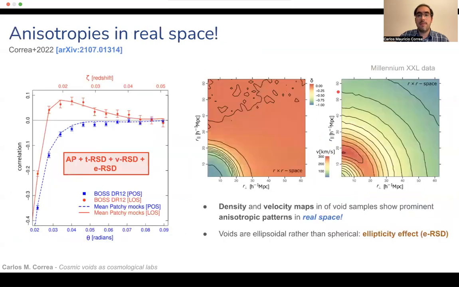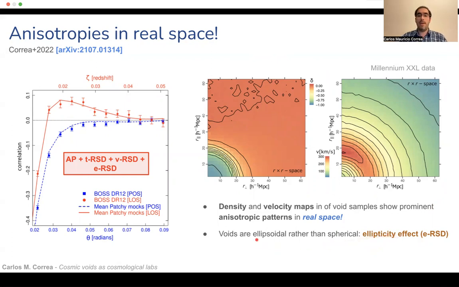And in fact, if we correct our model for the correlation function, taking into account all the redshift space effects in voids that I introduced before, it is not enough. There is still a large residual. And lately, we found that this residual is due to the intrinsic ellipsoidal nature of voids. This is an effect that we call the ellipticity effect.